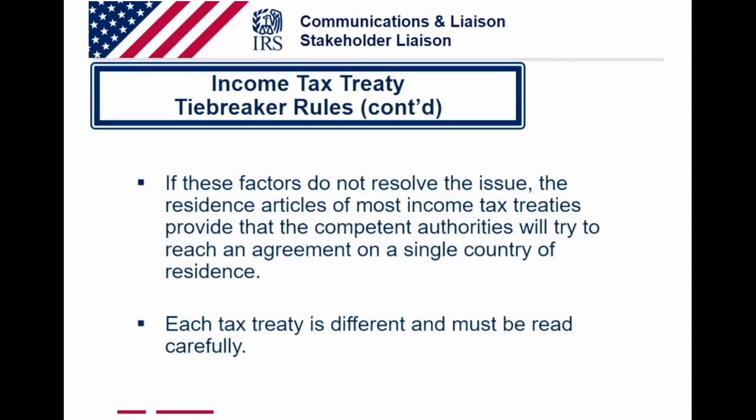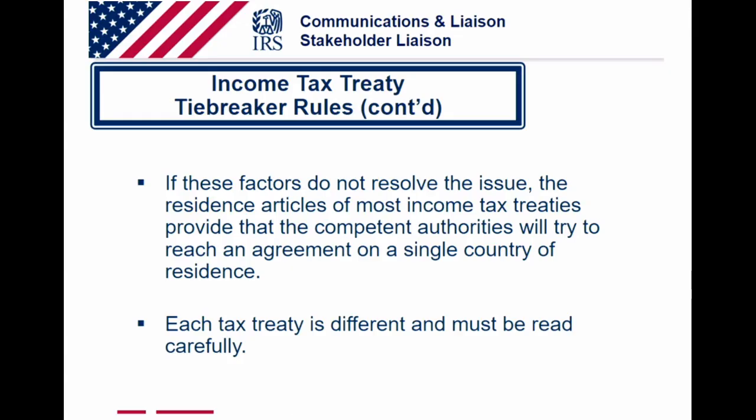And then, if none of that resolves the issue, then the residence articles of most income tax treaties provide that the competent authorities of the two countries that are party to the treaty will try to reach an agreement on a single country of residence.